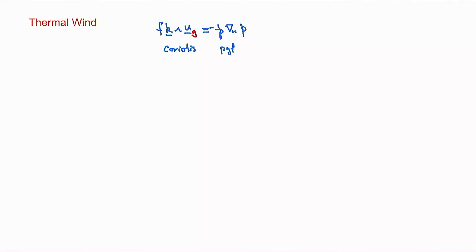And we can rearrange it. We can take k cross both sides, that changes the sign. So f u_g equals 1 over rho k cross grad_H of P. I'm going to assume that the density is a constant just because it makes life easier and simplifies the mathematics. So that's the definition of geostrophic wind.